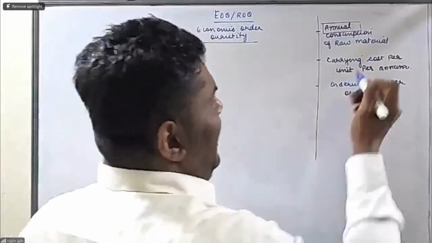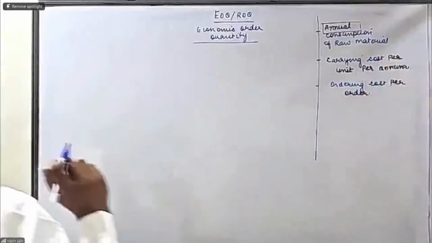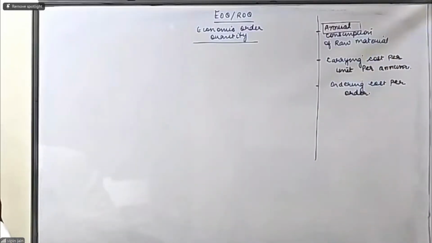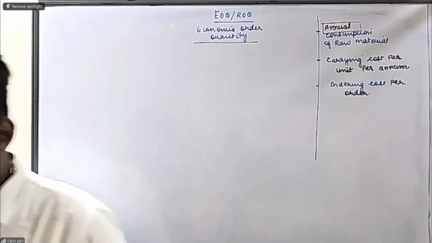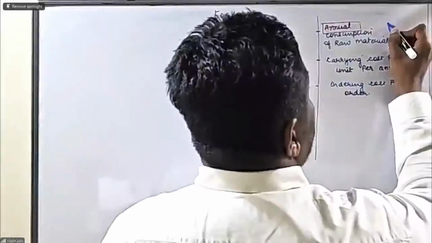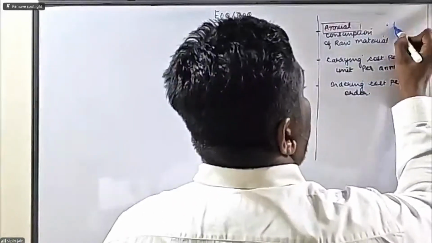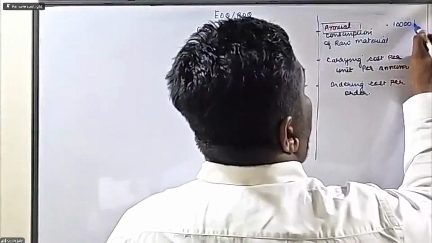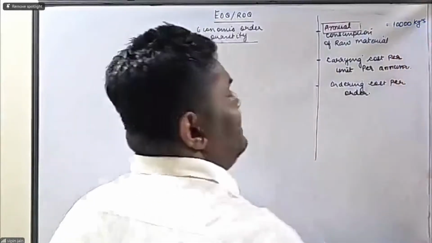So let's say my annual consumption of raw material is 10,000 kgs.